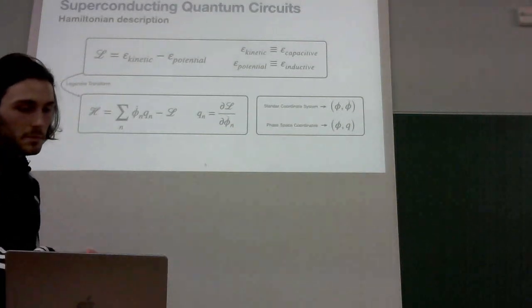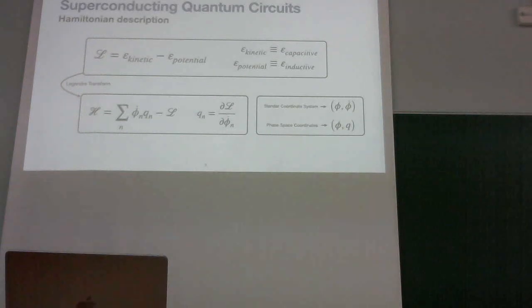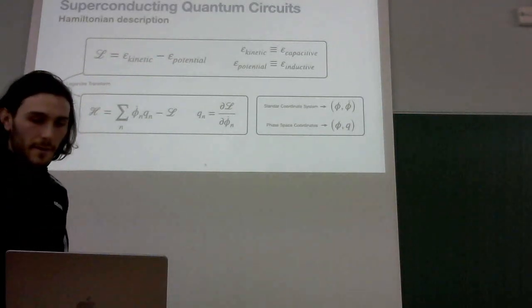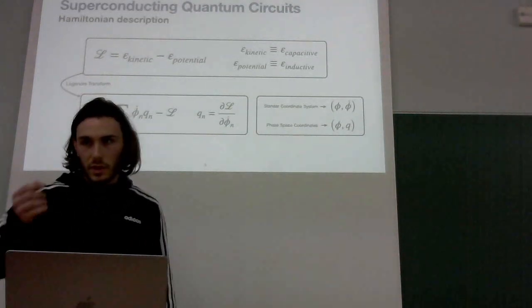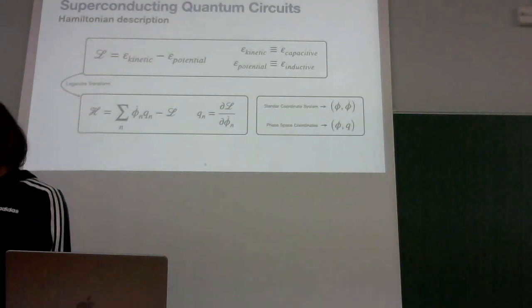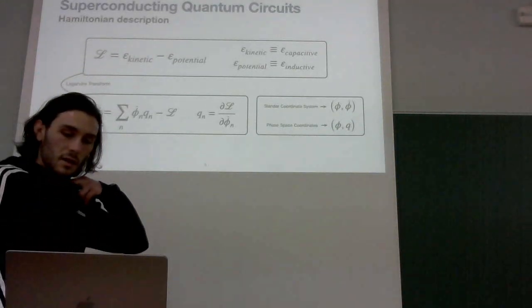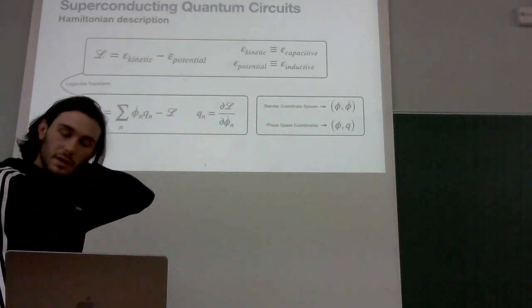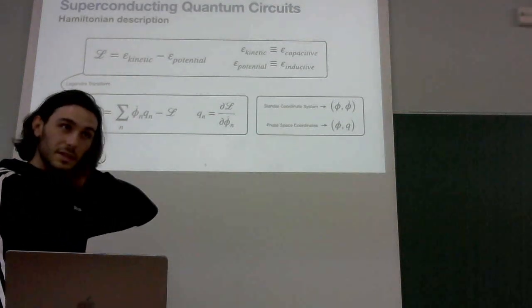This way we can build a Lagrangian and, by performing the Legendre transform, obtain the Hamiltonian. So this way we have a method to know the Hamiltonian of our circuit and a way to study its characteristics. Now I want to present two of the simplest, if not the simplest, examples.